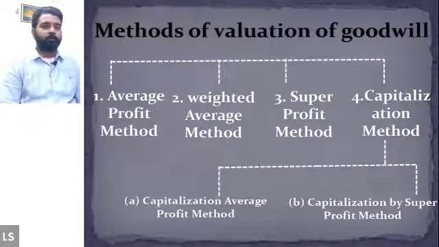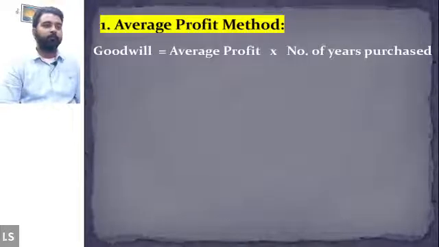So until now, for the last three sessions, we were only talking about the valuation of goodwill by the average profit method, wherein the formula for calculating goodwill is average profit into number of years purchased.